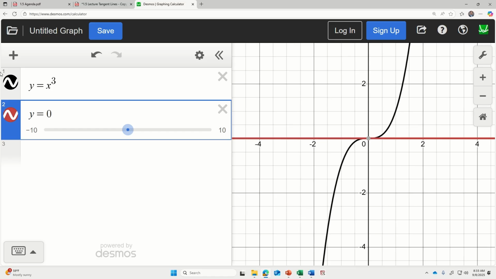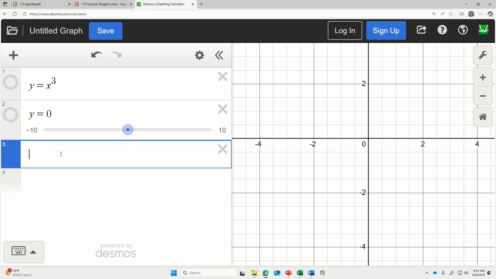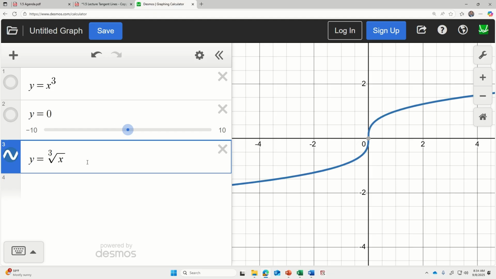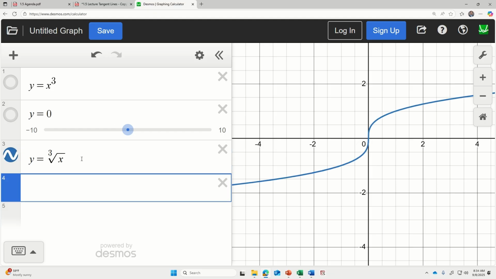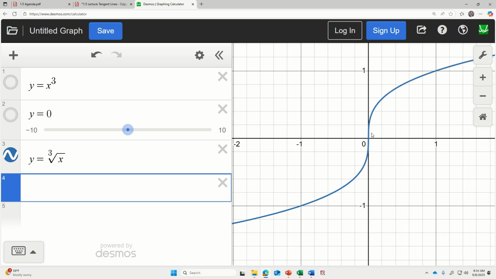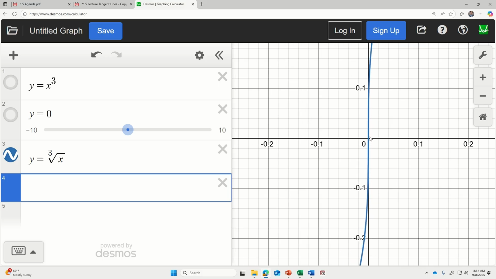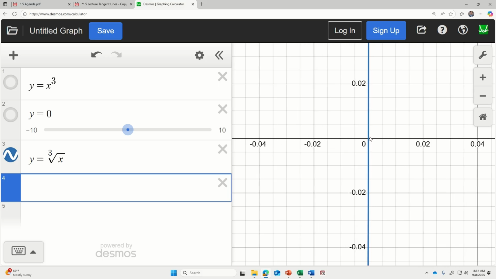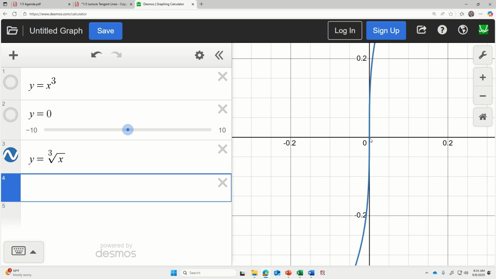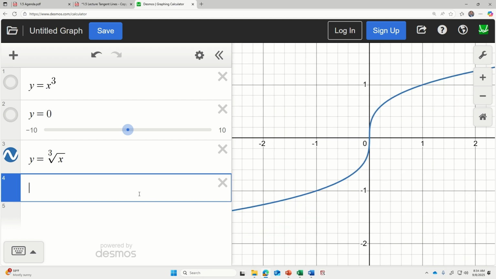No, so what I was thinking about just a moment ago when I said that was the wrong answer is this. Let me show this one to you. Because right here, if I had the cube root function, then the tangent line at x equals 0 is actually vertical. So the tangent line for this would be the line x equals 0.